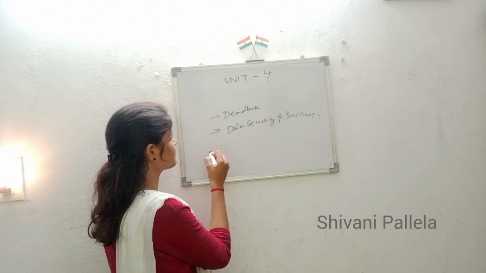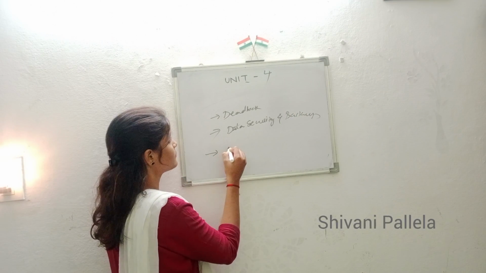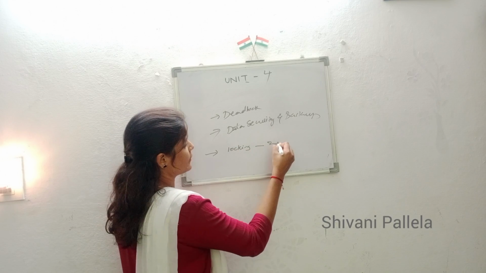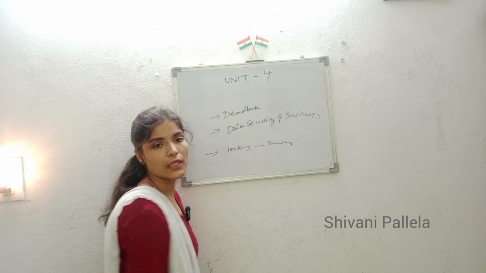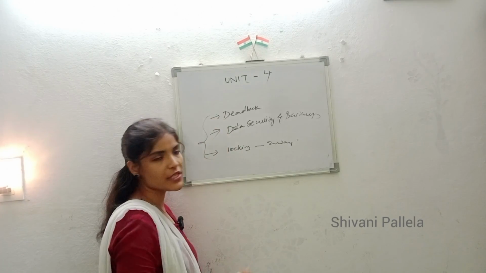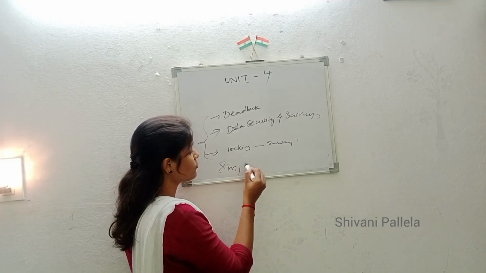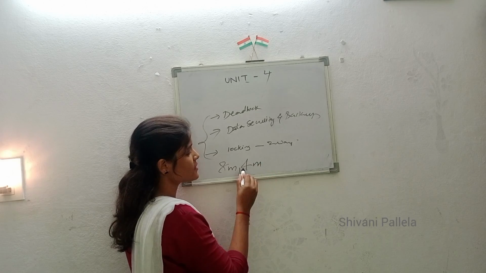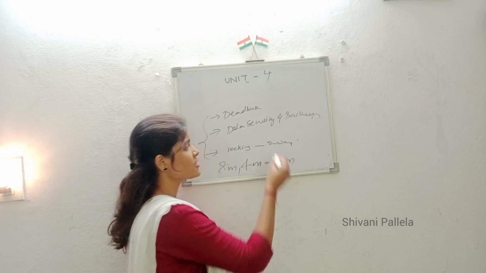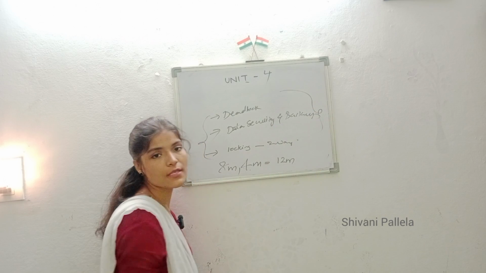And locking. What is locking? These are the three questions from the fourth unit. If you are perfect with these three questions, one long and two short, two short means 2 marks, 2 marks, 4 marks. So in this unit you can score 12 marks if you learn these three concepts.